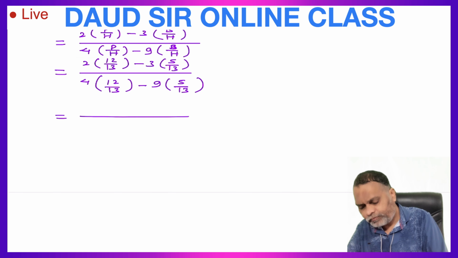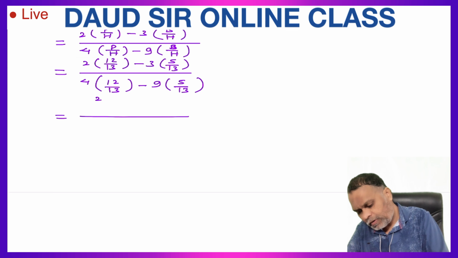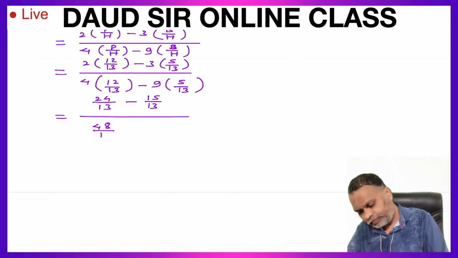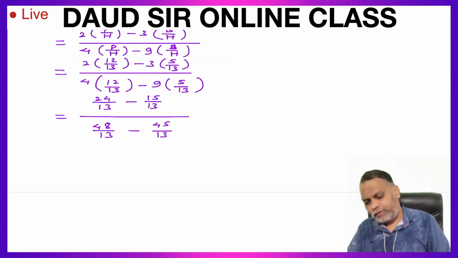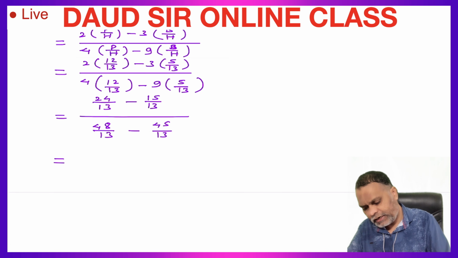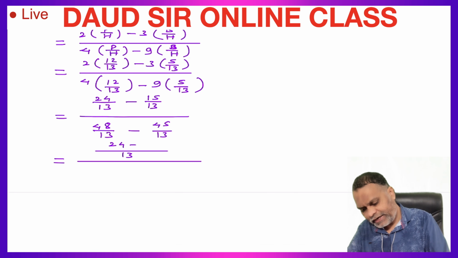Which is equal to 12 twos are 24 upon 13 minus 3 fives are 15 upon 13, upon 12 fours are 48 upon 13 minus 9 fives are 45 upon 13. Take LCM in numerator and denominator. LCM 13. So this is 24 minus 15, and in the denominator also the LCM is 13, so 48 minus 45.